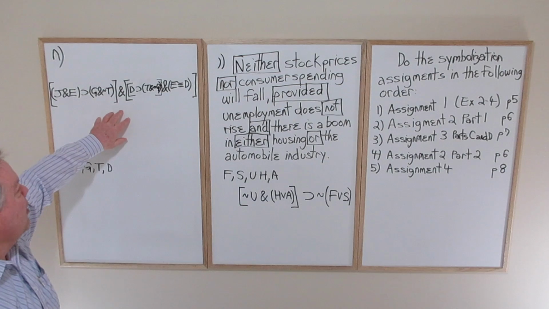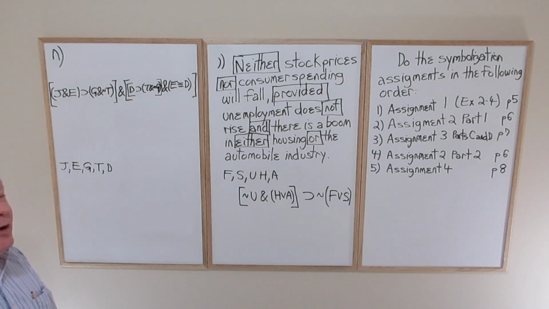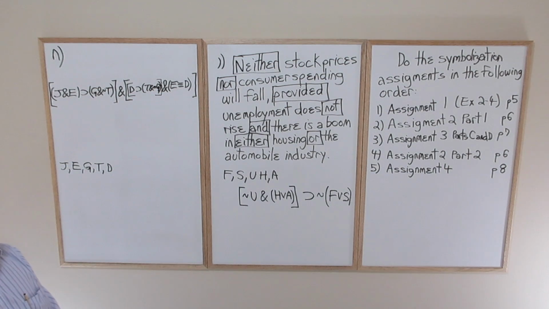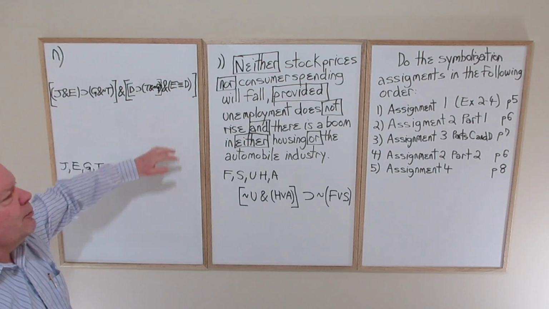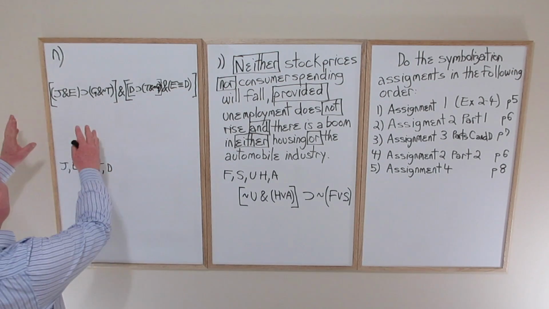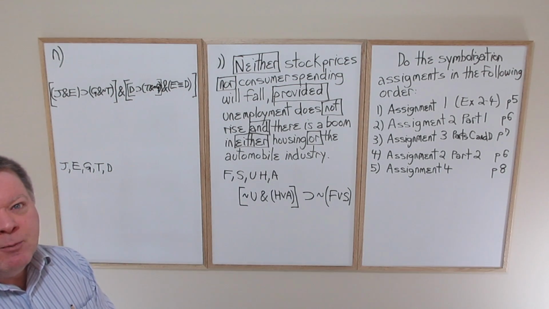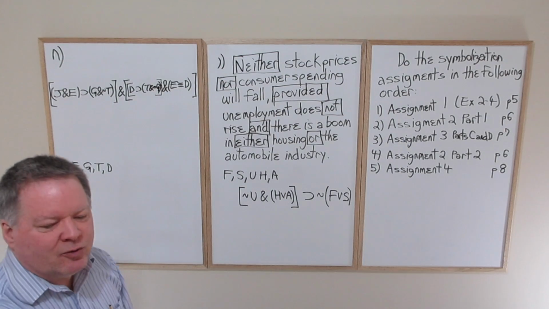A fairly complex sentence, I'll admit, which requires a fairly complex symbolization. If you do it all systematically though, you can take a long, complicated sentence and break it down into smaller and increasingly manageable pieces.